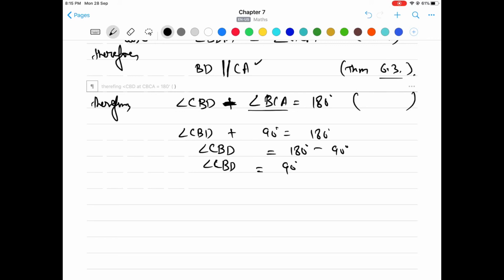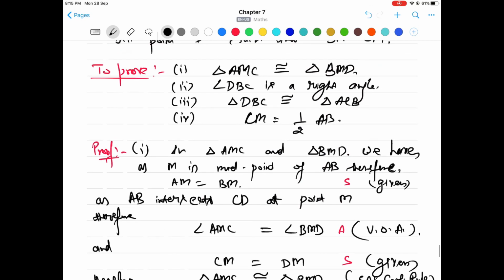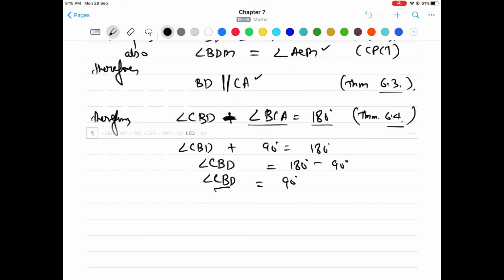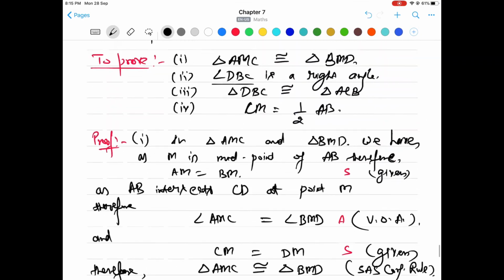This is by theorem 6.4, which says the sum of the angles on the same side of the transversal is supplementary. You can again refer to it from chapter 6. So we have proved that angle CBD, or DBC, is a right angle. You can write this angle also as angle DBC equals 90 degrees.